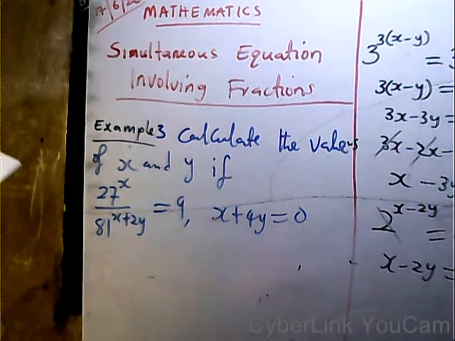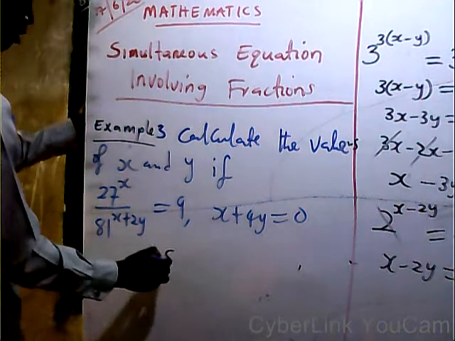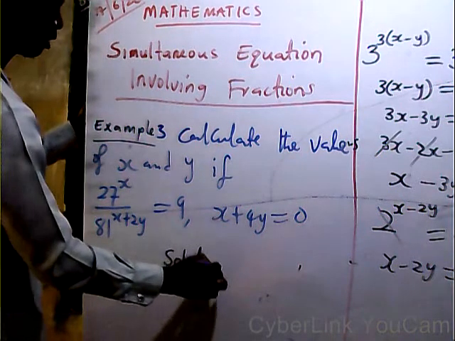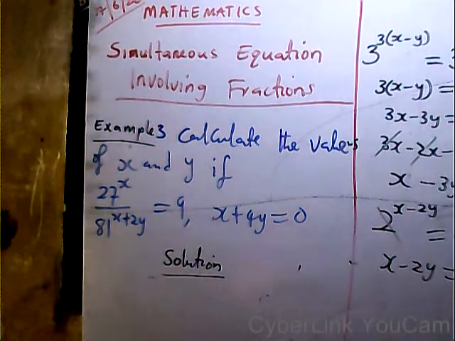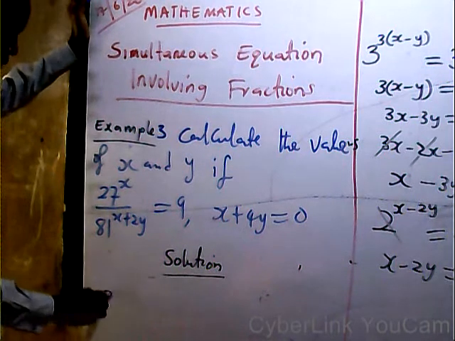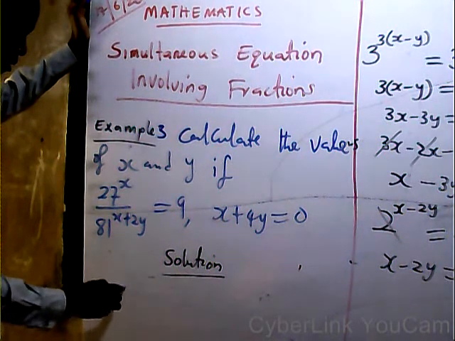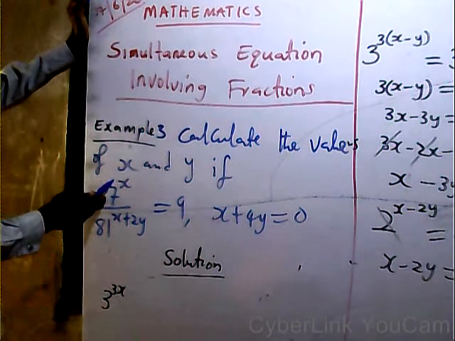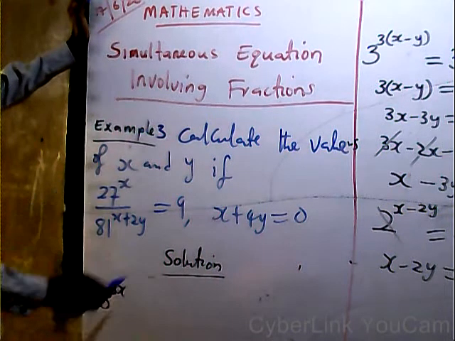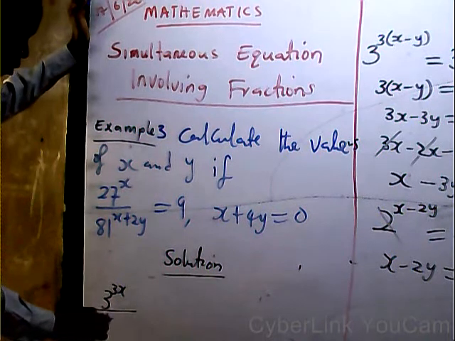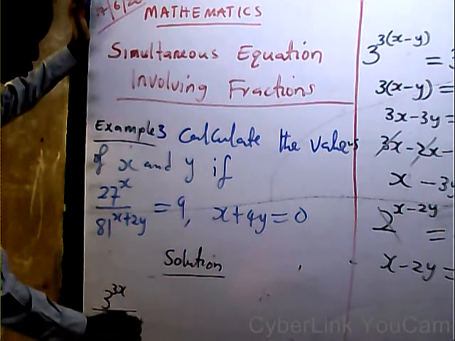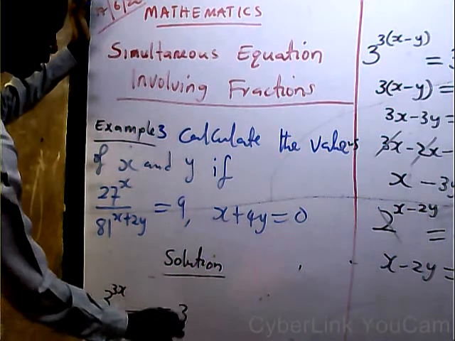Then, the next thing is to express this in the form such that it becomes a linear equation. Now, if you look at this, 81 is the same as 3 raised to power 4. 27 is 3 raised to power 3. So I have 3 raised to power 3 times x, all over 81 which is 3 raised to power 4 times bracket x plus 2y, is equal to 3 raised to power 2.